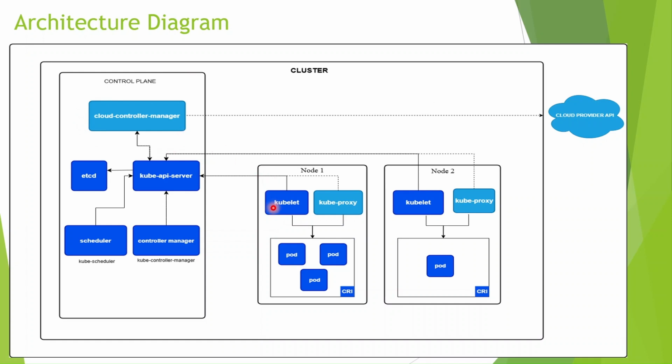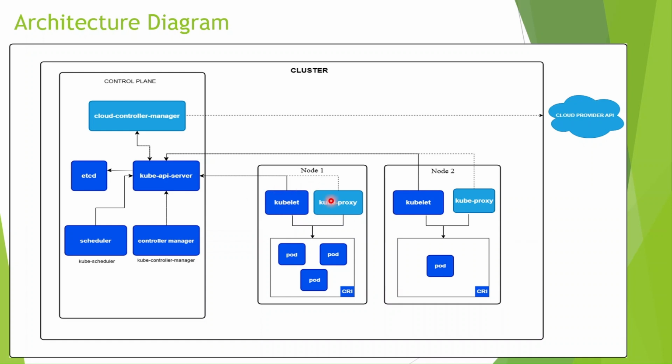Then we have worker nodes. In each worker node, you will find a kubelet. You can see this is one node and this is the second node, and in each node there is a kubelet. The kubelet is an agent running on every node, and it always talks to the Kube API server. Its responsibilities include starting pods, monitoring containers, and reporting pod and node health.